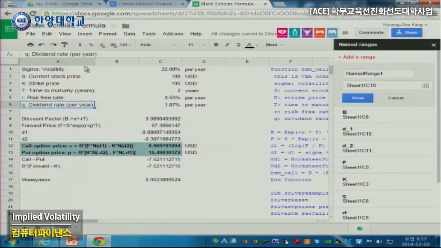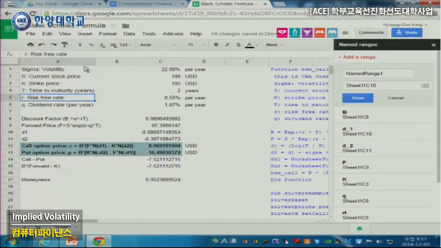First, we can start from the bottom, like the dividend rate. The dividend rate is given. We know how much the firm pays. At least we have a good approximation of how much firms pay per year as a dividend. So q is fine. And the risk-free rate is determined by the central bank, so it is fine.